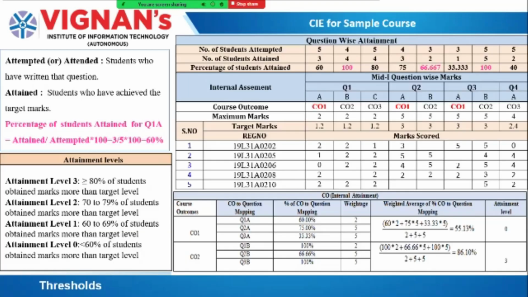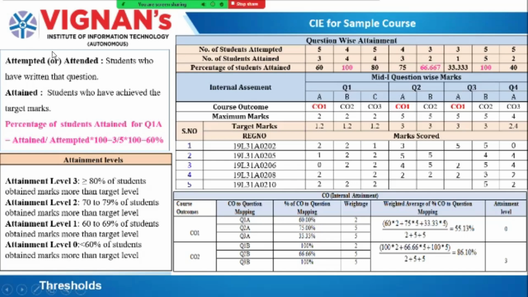Let us see the CAE for the sample course. This is a continuous internal examination. In this, we have 3 major terms. One is attempted or attended: students who have written that question.